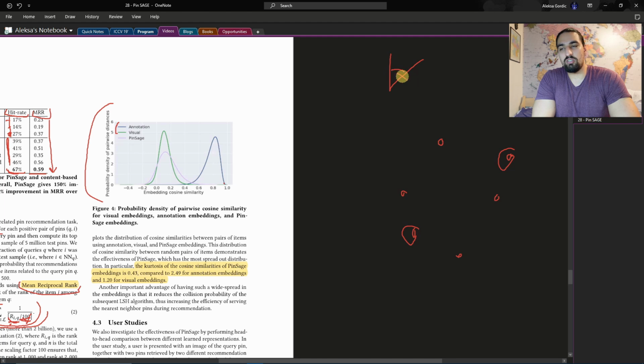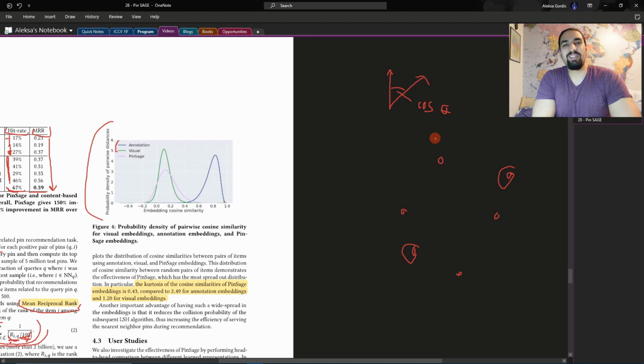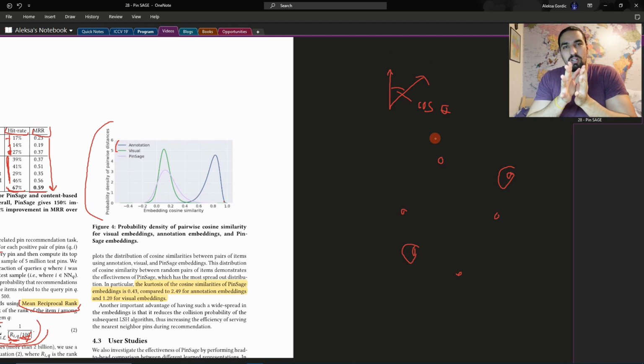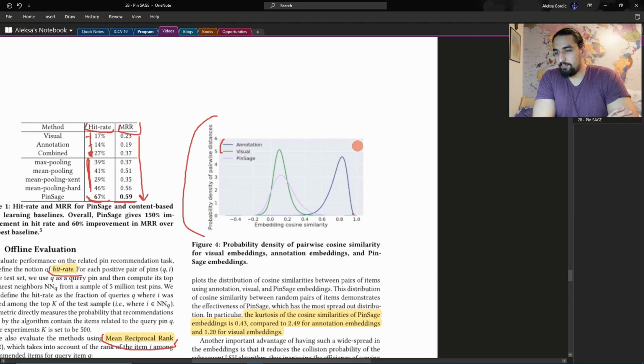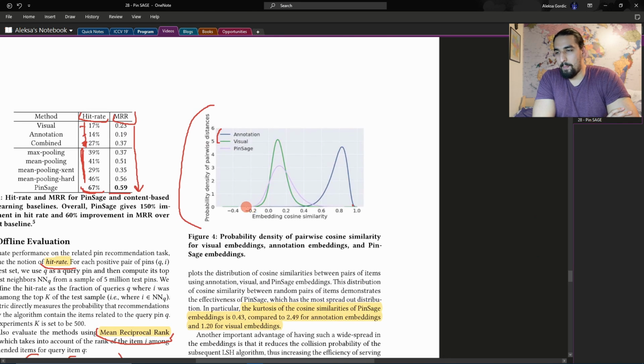So you're interested in the cosine of the angle between them, cosine theta, and you plot that. You'd ideally want that to be distributed as much as possible, because that means not all of the embeddings are similar and similarly oriented. If you pick random pins, you want them randomly oriented in space.